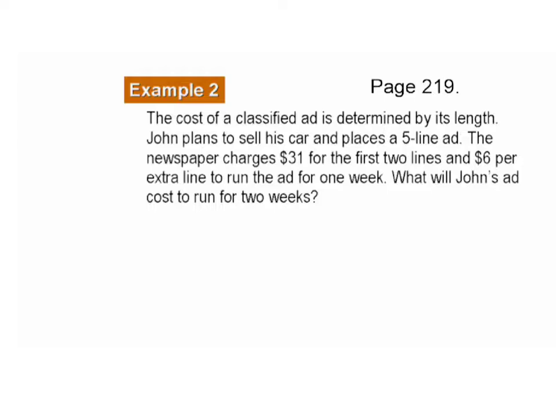All right, so we need to find out how many lines. He's going to run a 5-line ad, and $31 is how much the first 2 lines cost. So we have to go 5 minus 2 to find out how many lines over 2 we're doing. That's 3. Then we take 3 times 6 to find out how much that's going to be.